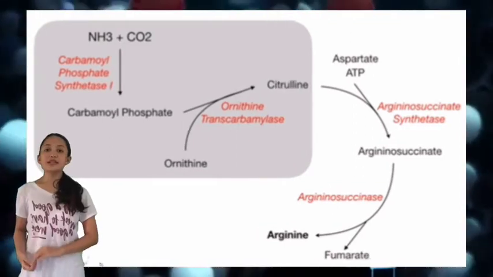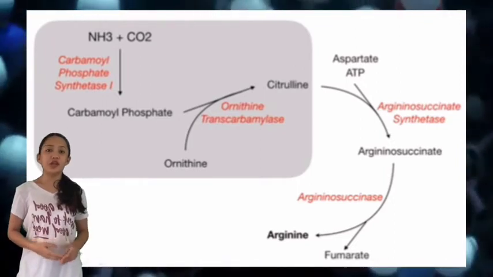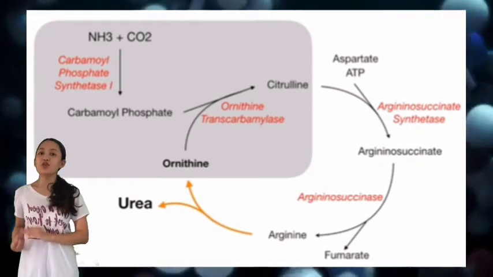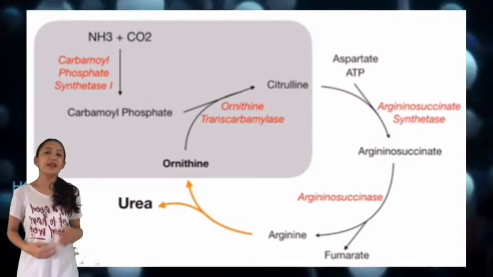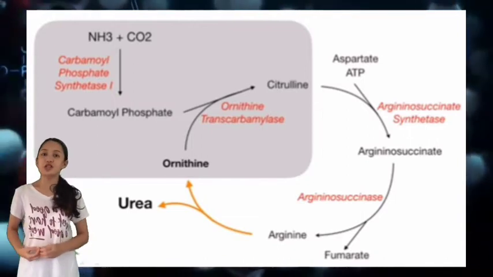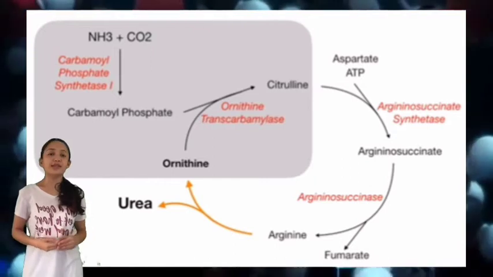So now, this is the important step in the urea cycle, wherein arginine will go back to ornithine, but in the process, it will convert into urea. The enzyme that catalyzes this conversion is known as arginase. Finally, we've completed the major goal of the urea cycle.